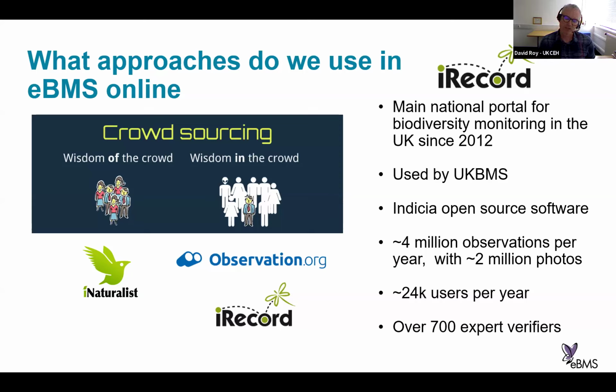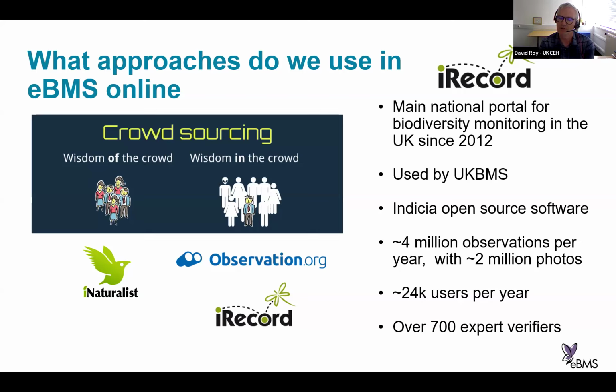As well as capturing opportunistic data, it's used for the UK butterfly monitoring scheme, and it's built on a set of tools called Indicia, which is open source software for supporting biodiversity monitoring programs. We have some of the largest data flows coming through that system, around 4 million observations per year and about 2 million photos.